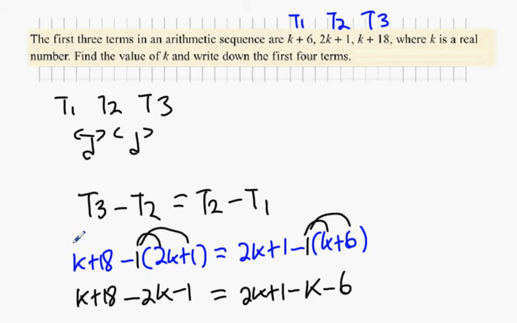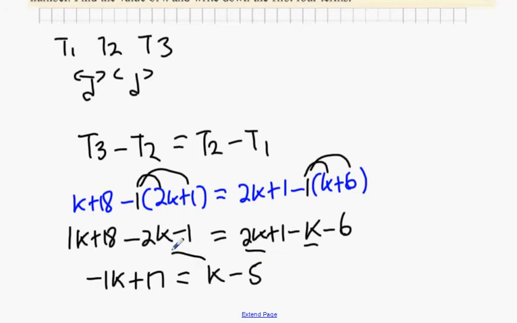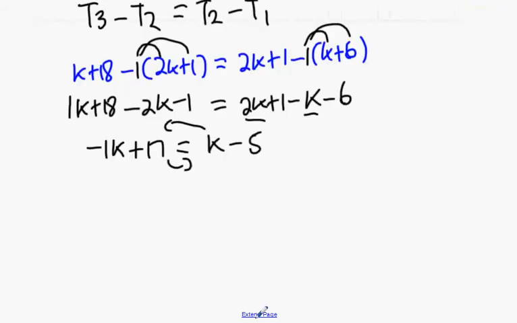What happens after this then, guys? K minus 2k? 1k minus 2k? Minus 1k. 18 minus 1? 17. 2k minus k? K. 1 minus 6? Minus 5. Bring the k's to the left, the numbers to the right.